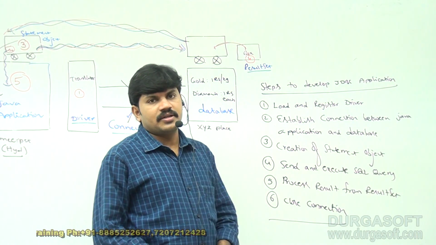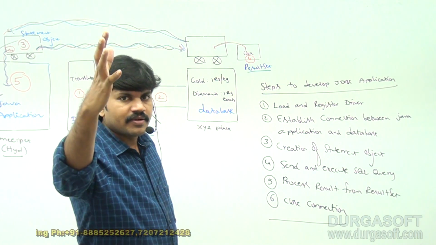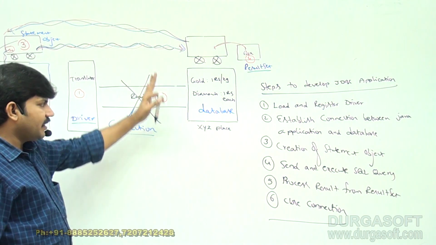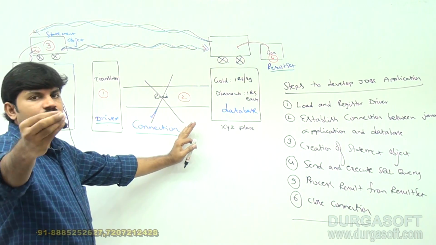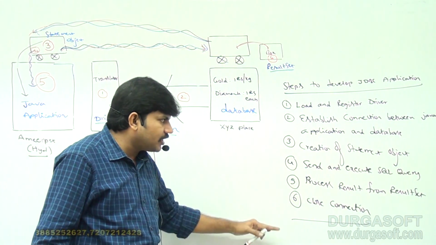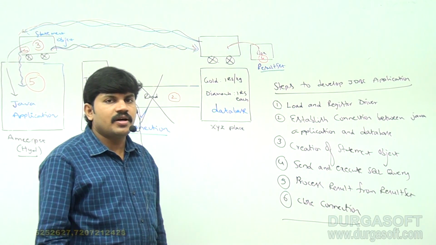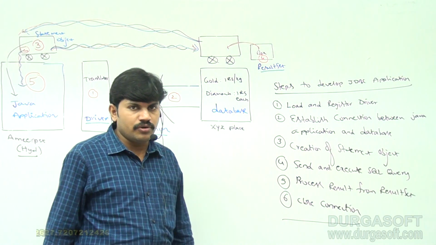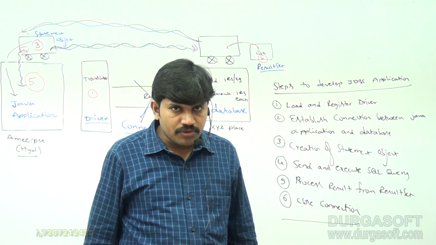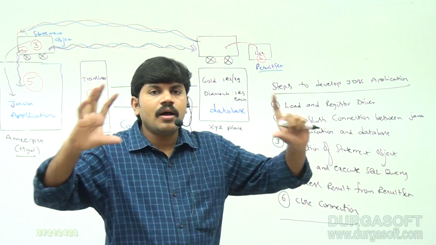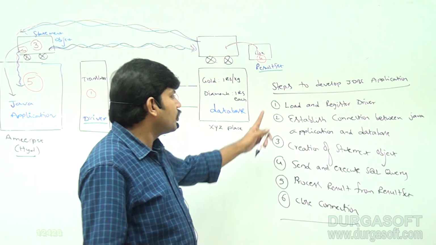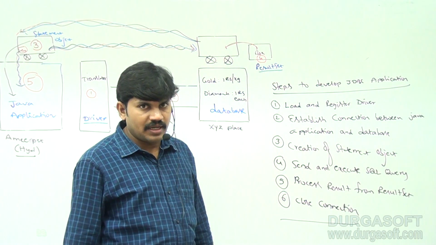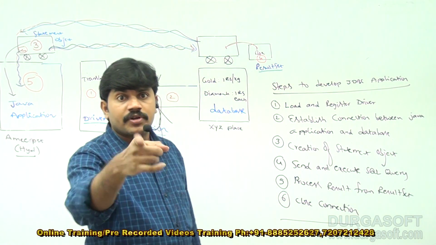Close the connection. That's all, sir. Whatever activities we did in our diagram, if I convert them into technical terminology step by step, these are the various steps for a JDBC application. Throughout the JDBC videos we are going to do, we need to talk about only these 6 steps. This is a very, very important question for the interview room.